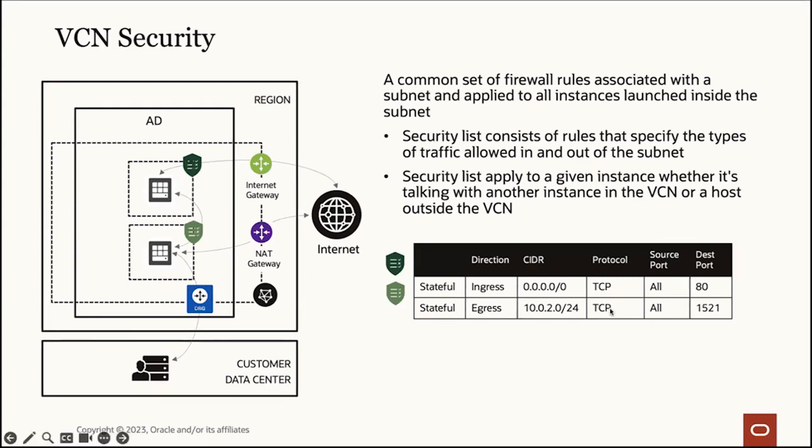Something worth noting is earlier we talked about the NAT gateway and how the NAT gateway blocks inbound connections from the resources on the internet to a resource in the private subnet.